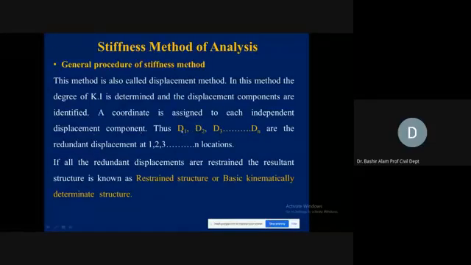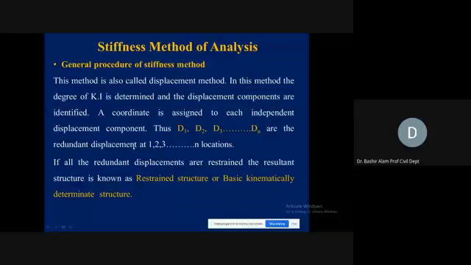There, if you remember, we identified the redundant actions and labeled them as AR1, AR2, AR3, and so on. Here the unknown quantities will be the displacements, so we will designate them by D1, D2, D3, Dn, and so on. So AR is replaced by D here in this module, which is the stiffness method.